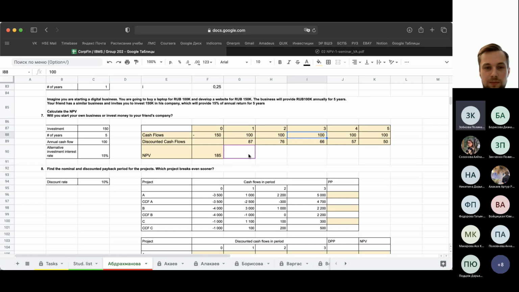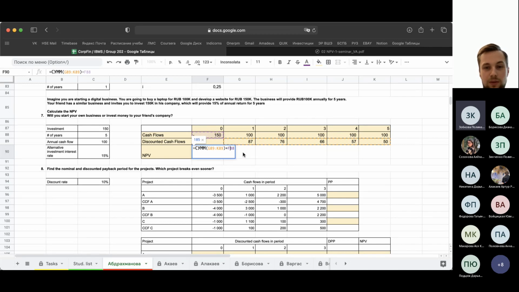Well, to estimate whether this investment is successful or not, we should calculate NPV. For that we sum all these discounted cash flows, I believe. Yes. And we should subtract the investments that we invested in the very beginning.